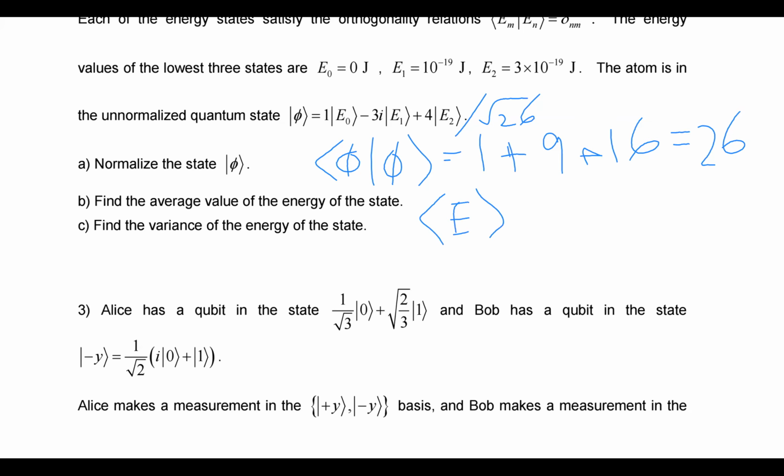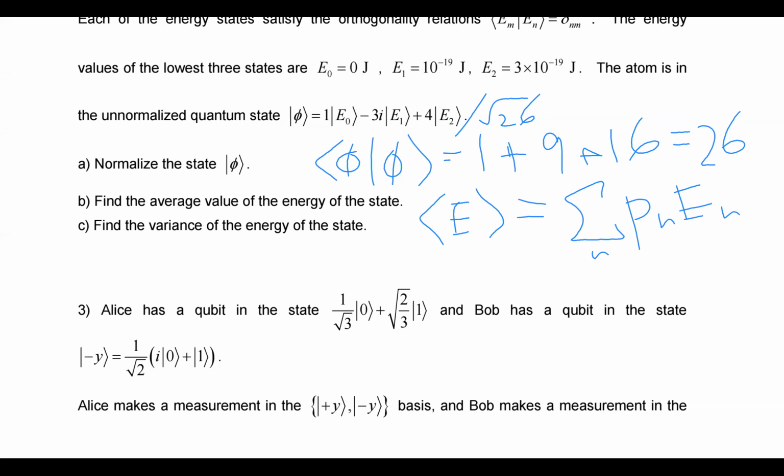So in this case, it might make more sense to revert back to the original definition of how you calculate an average, right? Ultimately, when you're calculating this average, it's the probability times the value of the energy, right?